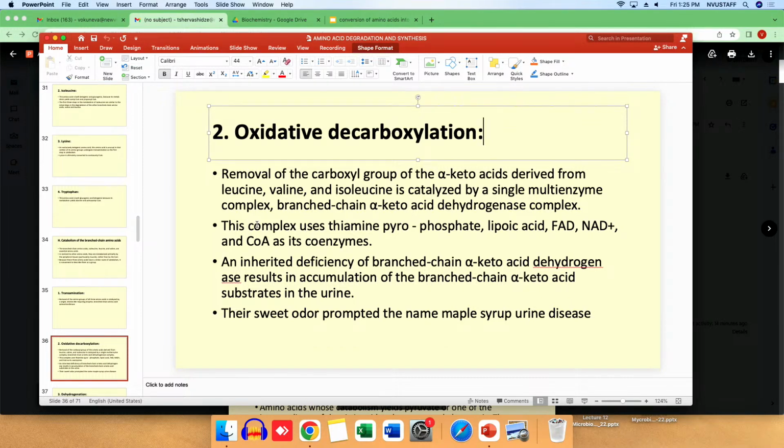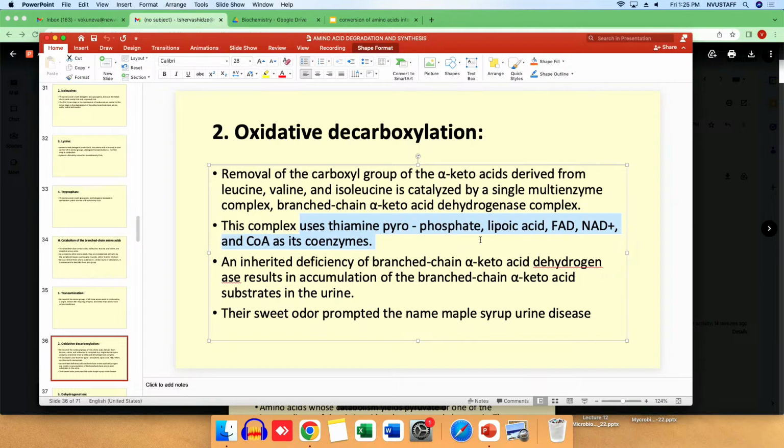It's not all. We'll talk about other dehydrogenases, but they have something similar, and the similarity is the cofactors and coenzymes they need. The branched-chain amino acid dehydrogenase or alpha keto acid dehydrogenase complex will need thiamine pyrophosphate, lipoic acid, FAD, NAD plus, and coenzyme A.